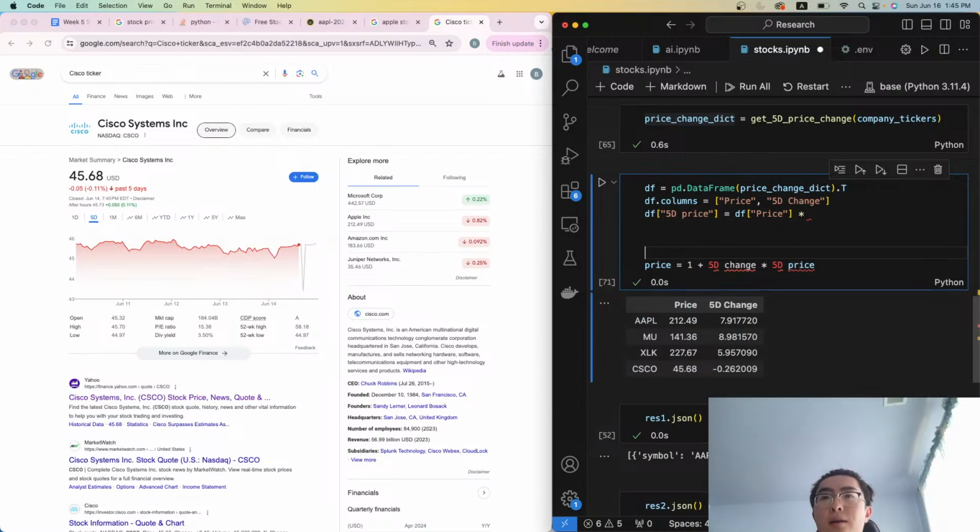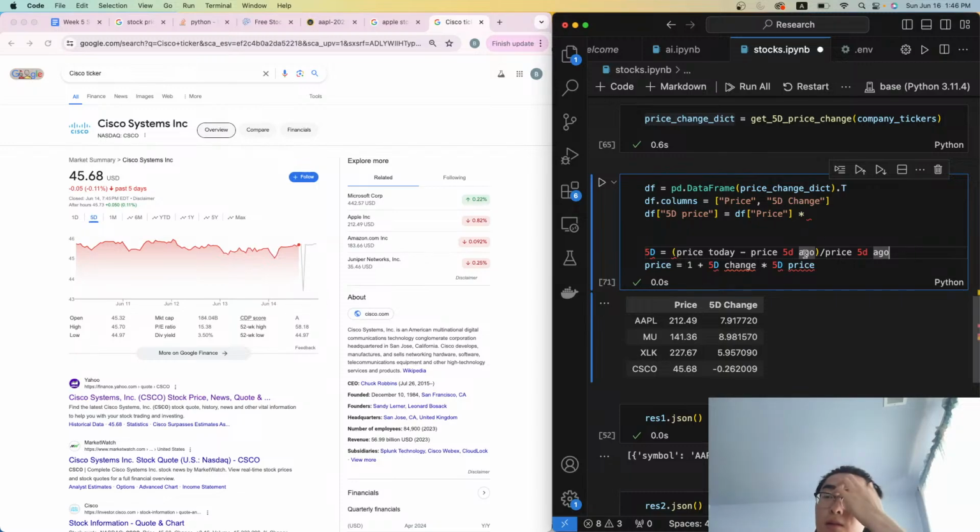Or if you think about it, 5D change should be price today minus price yesterday, so 5 days ago, divided by the beginning price, so divided by price 5D ago.